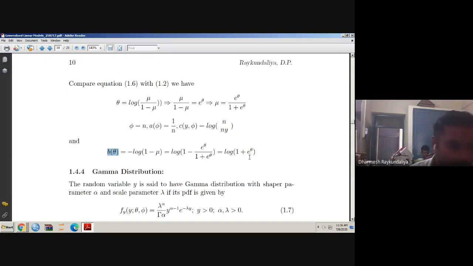Yes, you can have pen and paper; you can immediately calculate. What is b dash theta? We have obtained b dash theta as e raised to theta upon 1 plus e raised to theta, and that is nothing but mu. What about b double dash theta?